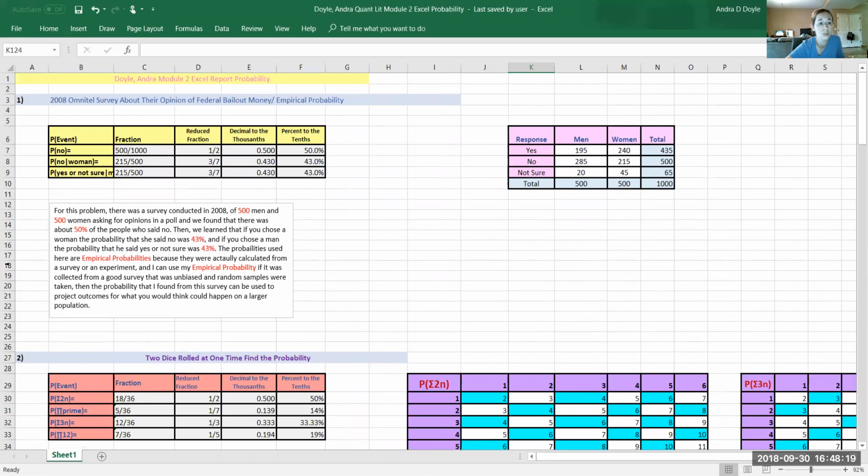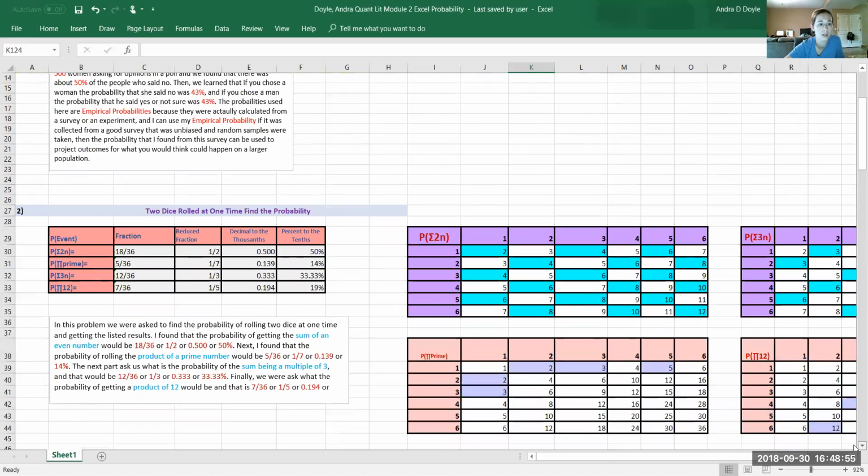And if you choose a man, the probability that he said yes or not sure would also be 43%. The probabilities used here are empirical probabilities because they were actually calculated from a survey or an experiment that was unbiased, and random samples were taken. So we could, from that, form probabilities to project outcomes for what we could think would happen on a larger population.